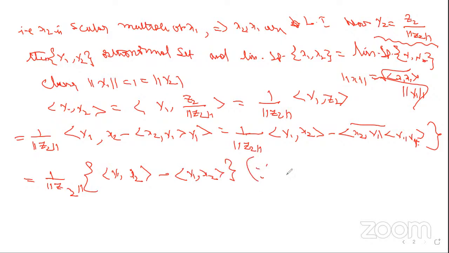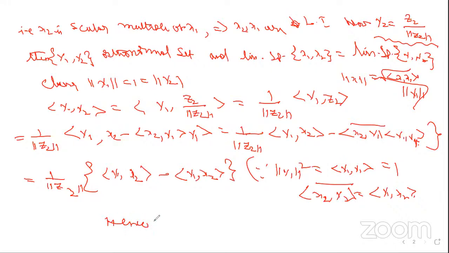Since norm of y1 squared is equal to inner product of y1 comma y1, which equals 1. And the conjugate of the inner product of x2 comma y1 is nothing but the inner product of y1 comma x2. Hence, y1, y2 is an orthonormal set.